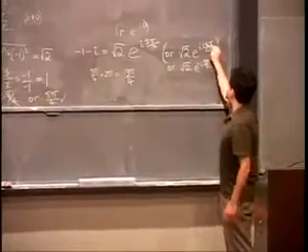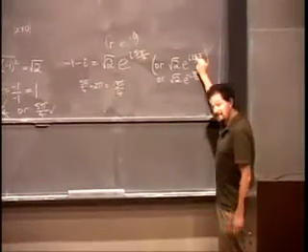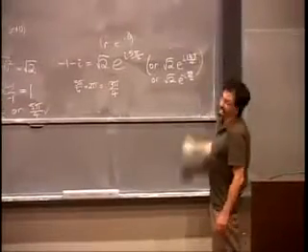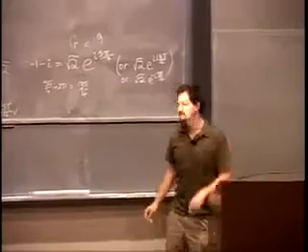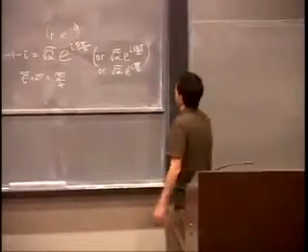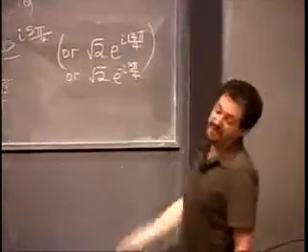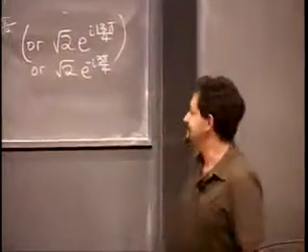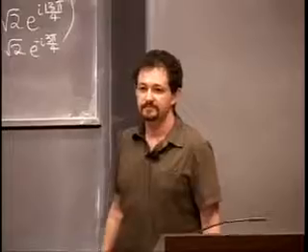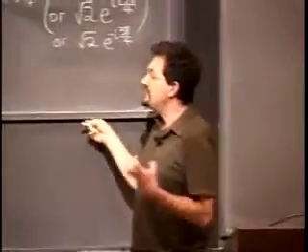Of course, you could do 21 pi over 4, 29 pi over 4. Just add any multiple of 8 to that 13. 8 pi over 4 in total is 2 pi, and you will get the same point. Or you could subtract any multiple of 8, and you get the same point. So there's no uniqueness here.